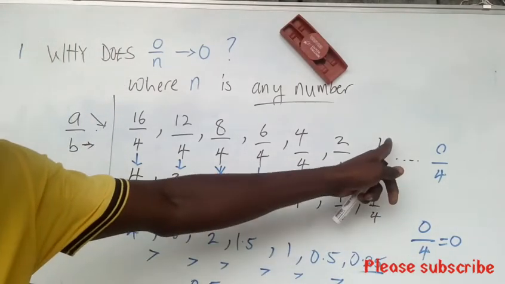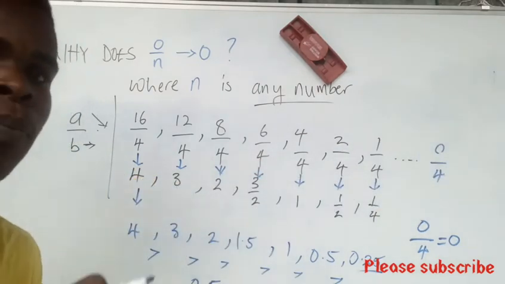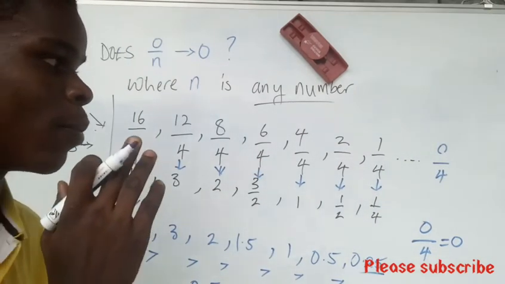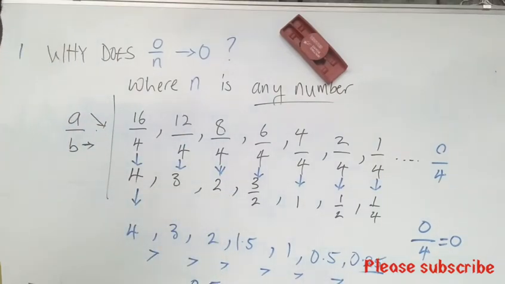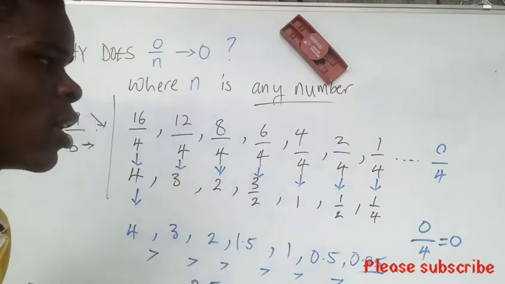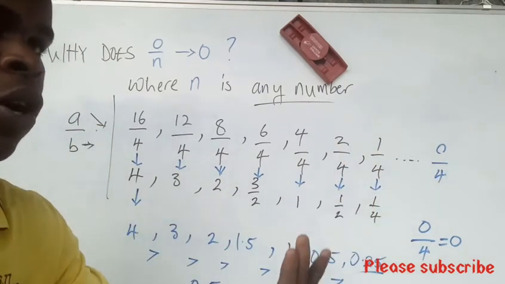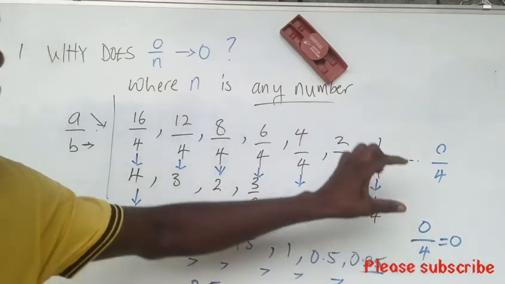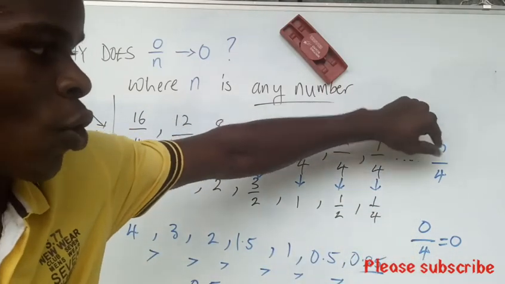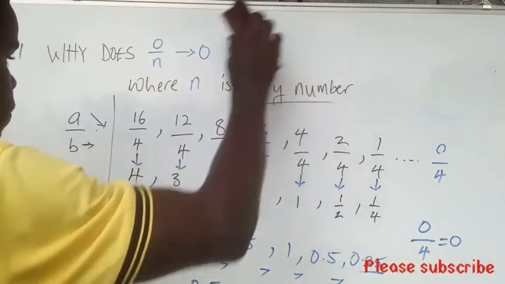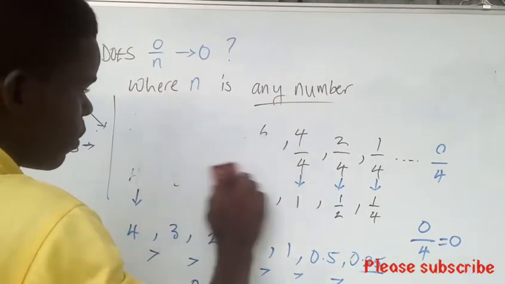And mind you, between 1 and 0, there exist millions, trillions of infinitesimal numbers, getting little and little in quantity. So to overcome all this, you would see that the result for 0 over 4 or 0 over any number n is 0.